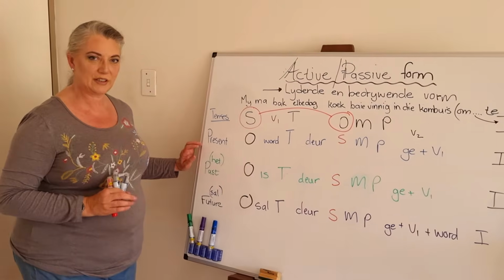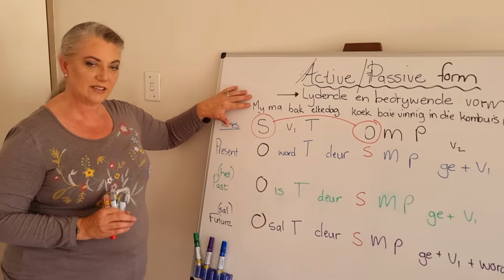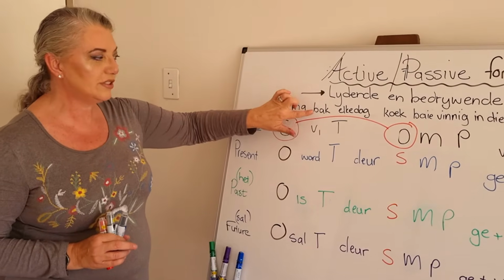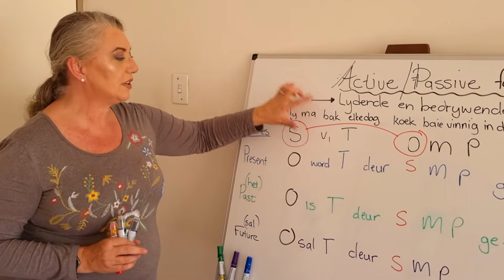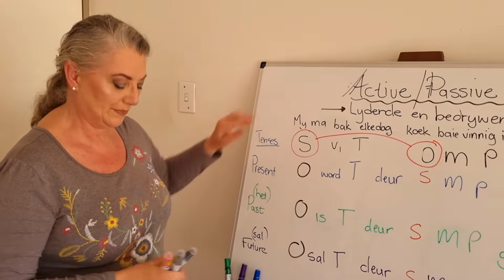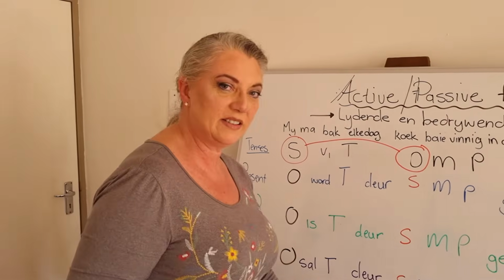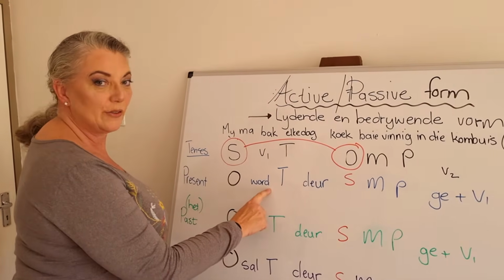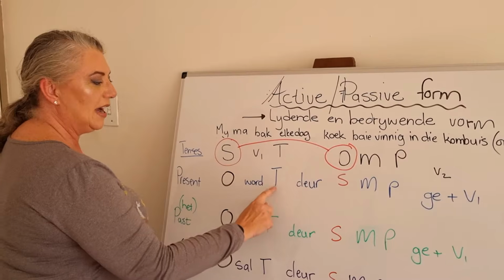Let's have a look at the present tense. This sentence, can you see there's no het, there's no sal, which means that this sentence is in present tense. For present tense, we use the word word for the first verb.